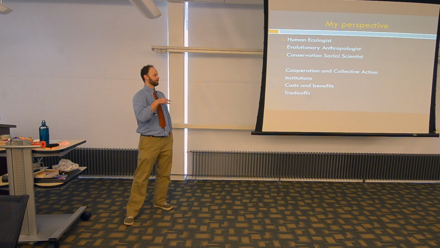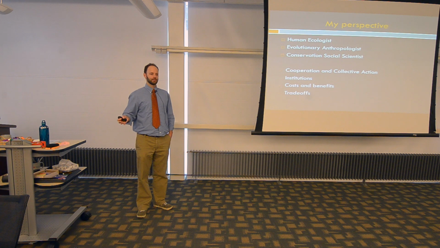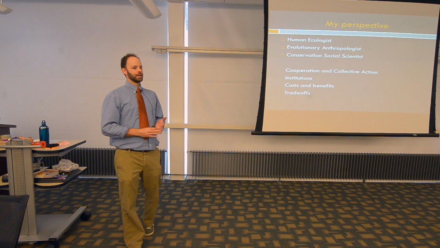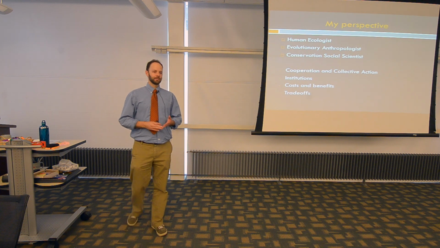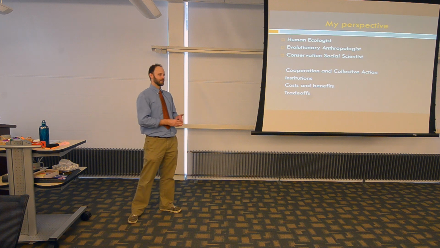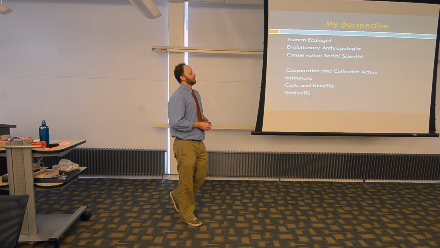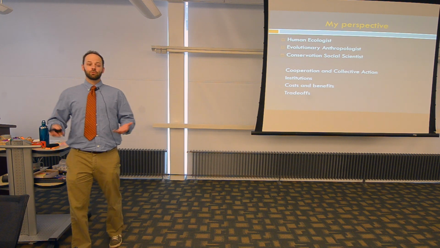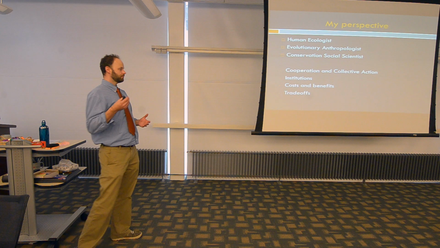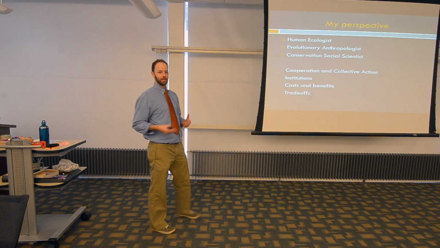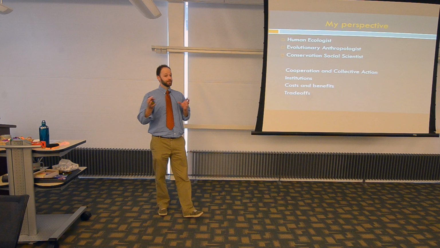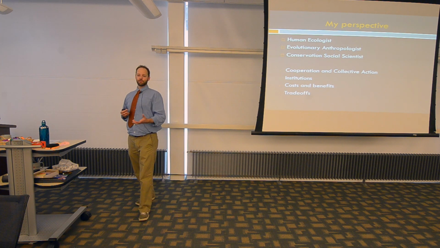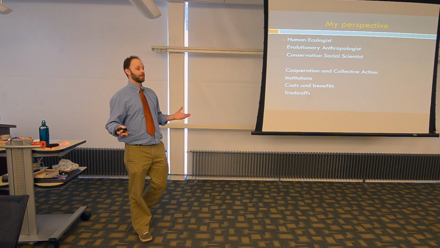So I often describe myself as a conservation social scientist because in addition to evolutionary anthropology, I had a committee member from political science, and I draw on literature from economics and new institutional economics and sociology and psychology, etc. So largely what I try to incorporate into this research is theories of cooperation and collective action, how institutions emerge and evolve and what that means for resource management, costs and benefits both at the individual level when it comes to decisions about adopting behavior or managing resources, and trade-offs and how to make those explicit.